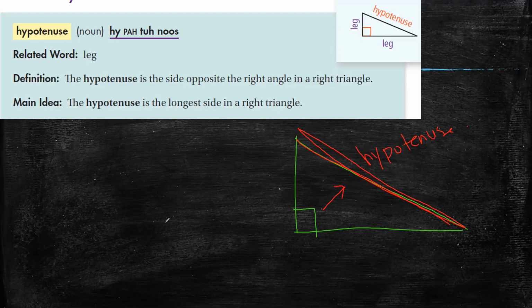So the side opposite to a right angle is the hypotenuse, and this side and this side are legs. Here we have one hypotenuse with 2 legs, and the hypotenuse is the longest side in the right triangle. As you see, this side, the red one, is longer than any leg of the right triangle.